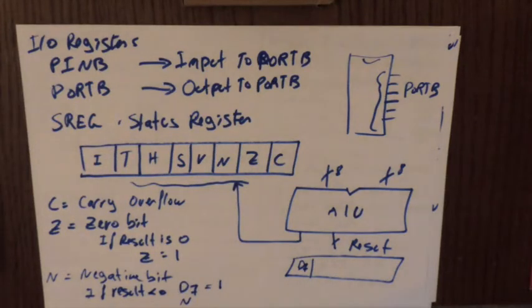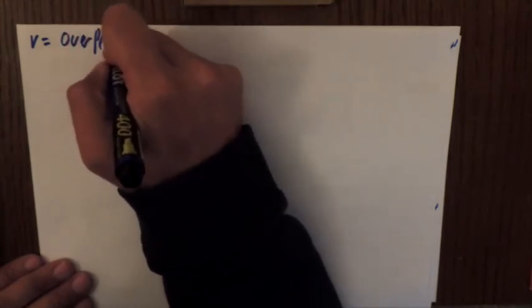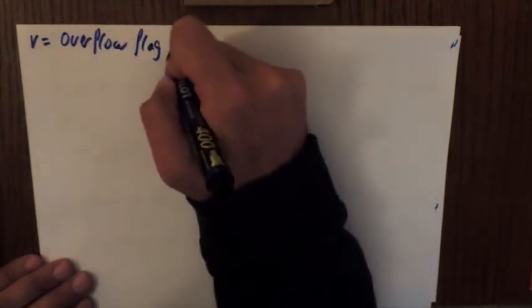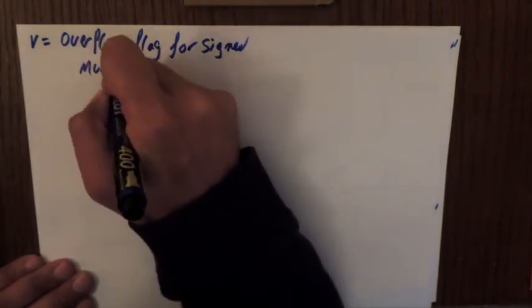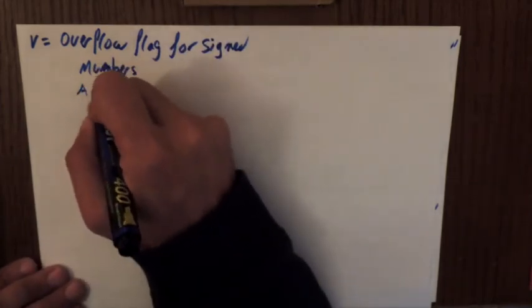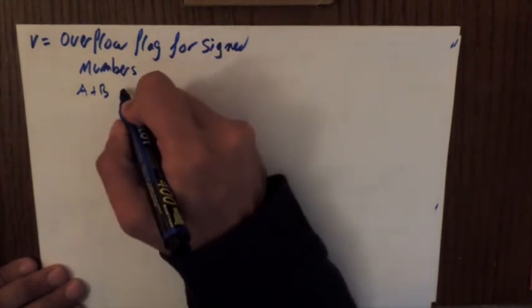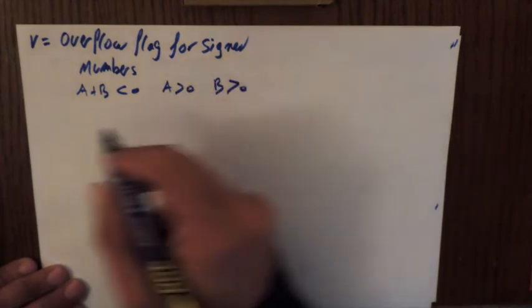What else do we have? We have also the V. So let's go ahead and check. The V bit is actually the overflow flag for signed numbers. So we have if A plus B is less than 0 and A is greater than 0 and B is greater than 0, then we have an overflow.